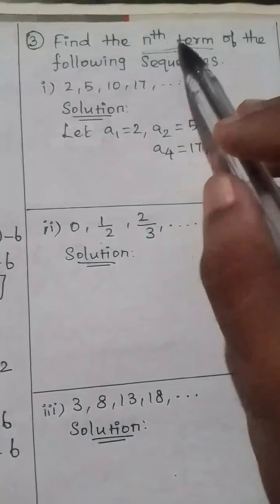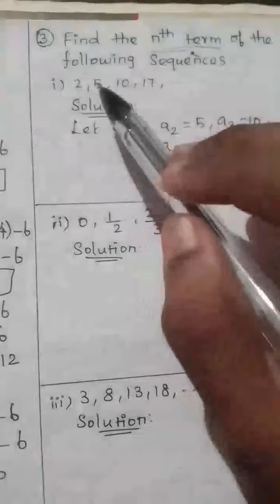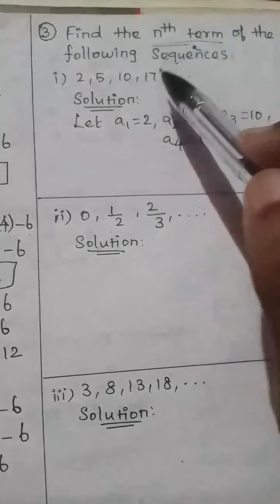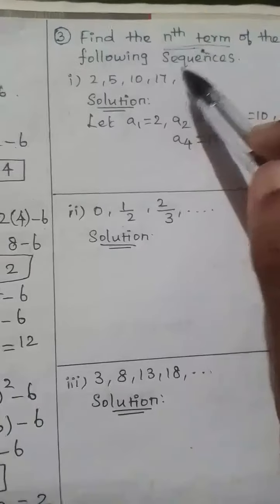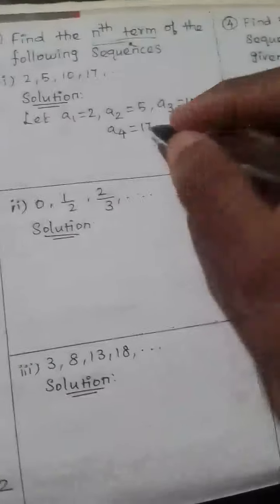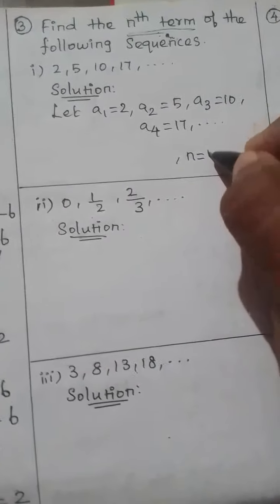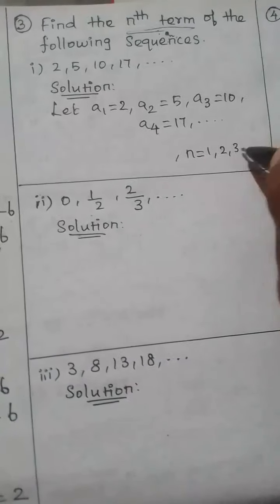We need to find the general term an which is suitable for all the terms, which satisfies all the terms in the sequence. For that, we start with n values as natural numbers 1, 2, 3 and goes on.